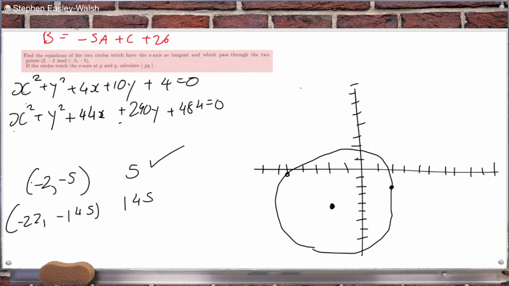And then this other one, minus 22 and minus 145, is going to be way, way down there. Oh no, I drew that wrong because it has to just about touch it because it's a tangent. Yeah, radius of 5, and it's badly drawn. Where was the other point?